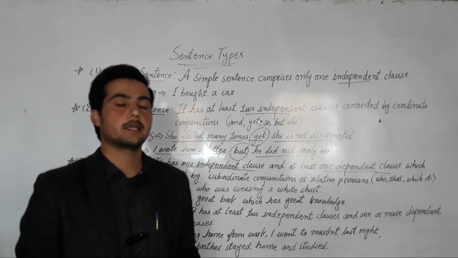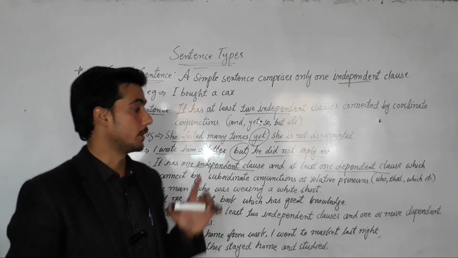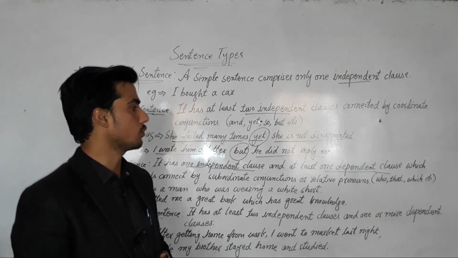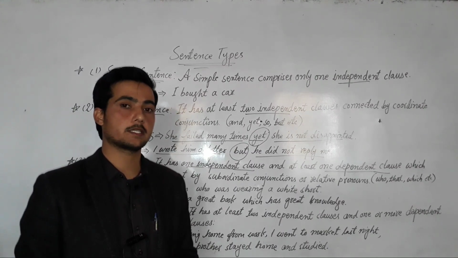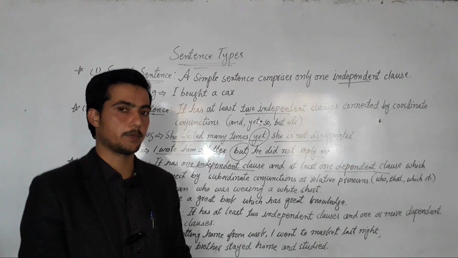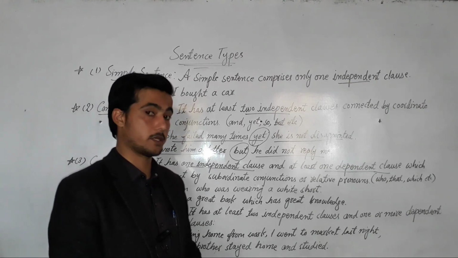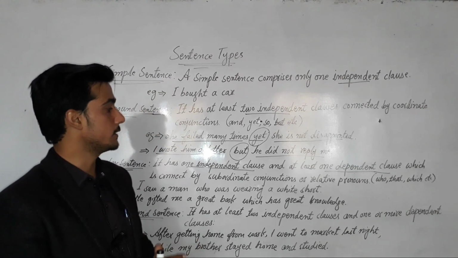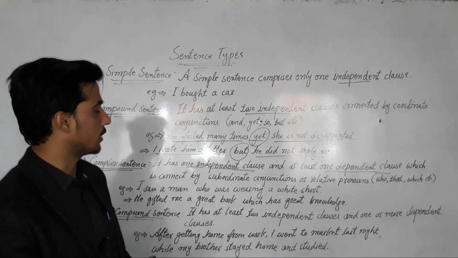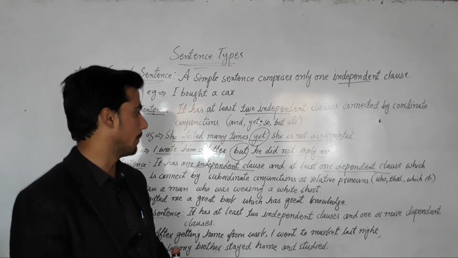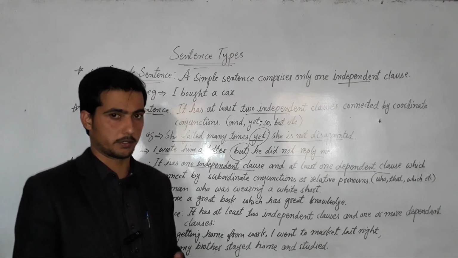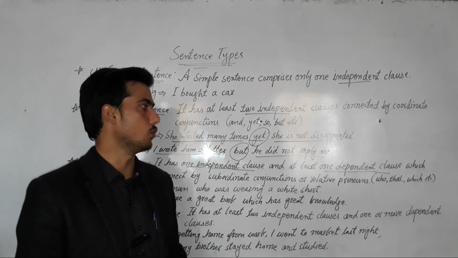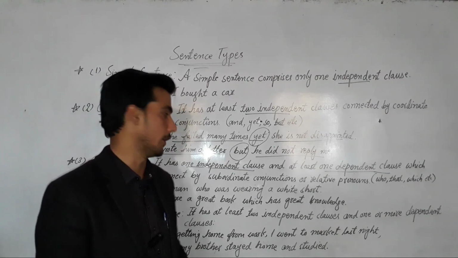A dependent clause cannot stand alone as a sentence, but it will consist of two clauses. One will be dependent and the second will be independent or main clause. These two clauses will be connected by the help of a subordinate conjunction or relative pronoun like who, what, that, which, etc.